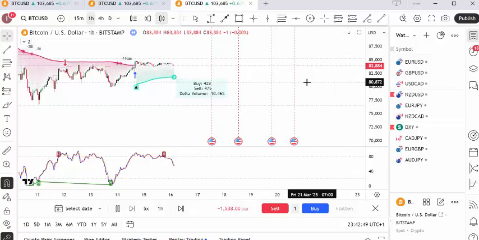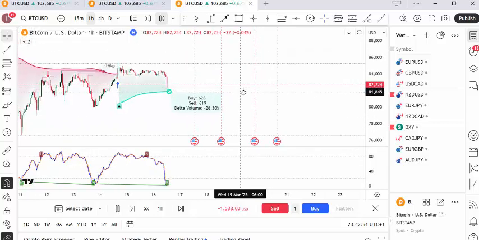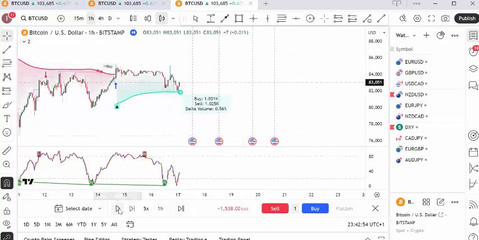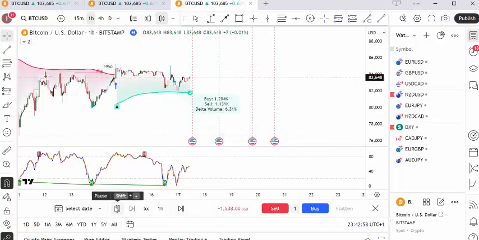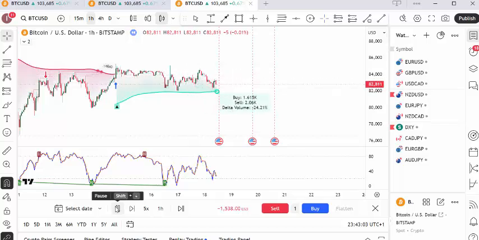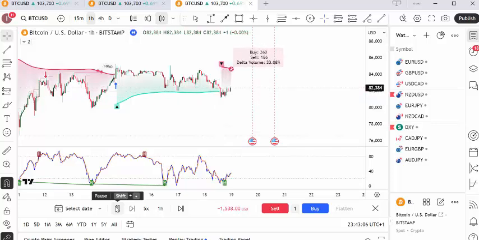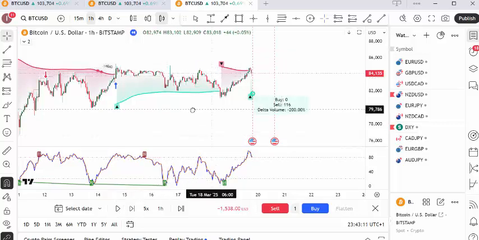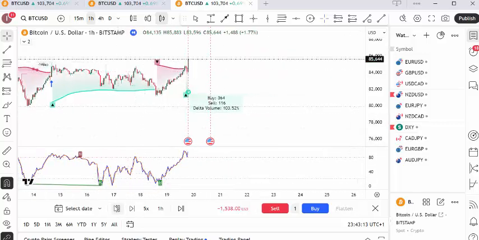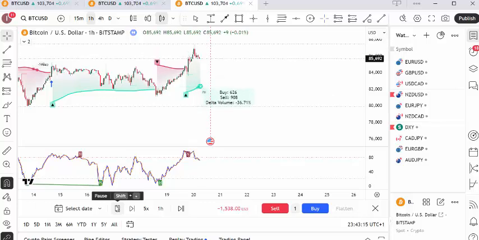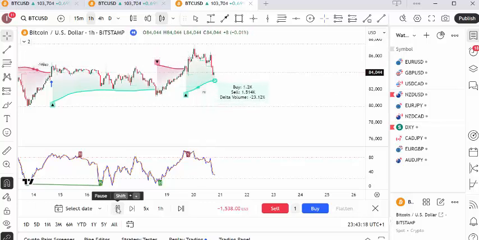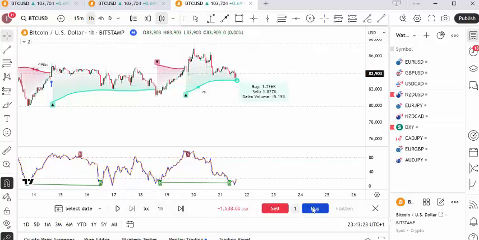Okay, on a bullish. I missed that. I missed the opportunity. So let's wait. Bullish. Okay, good.